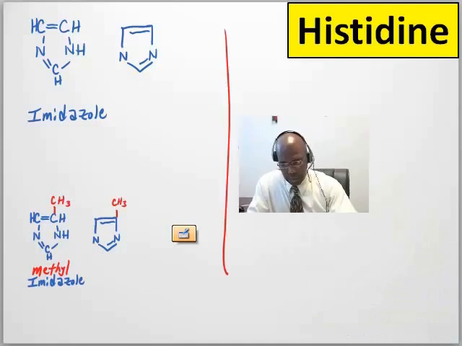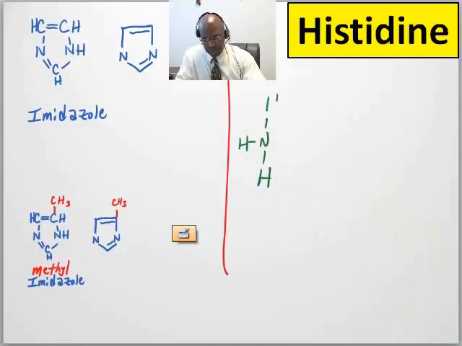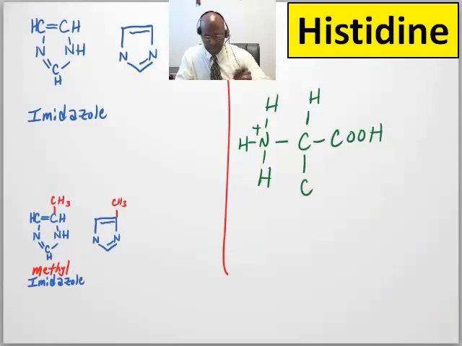H, H, H, protonated alpha carbon, H, carboxylic acid group, and now methyl imidazole. I'm going to make methyl imidazole another color so it can stand out.